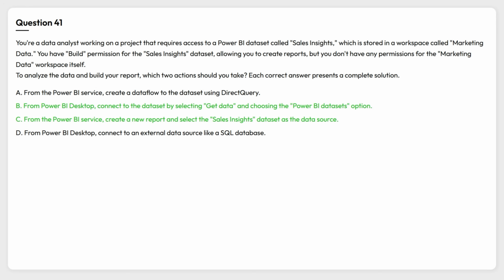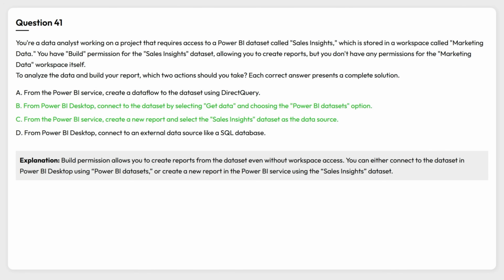The correct answers are Option B. From Power BI Desktop, connect to the dataset by selecting Get Data and choosing the Power BI dataset option. Option C. From the Power BI service, create a new report and select the Sales Insight dataset as the data source.